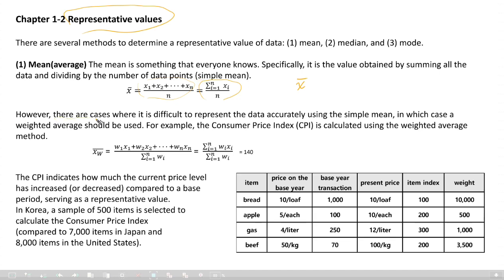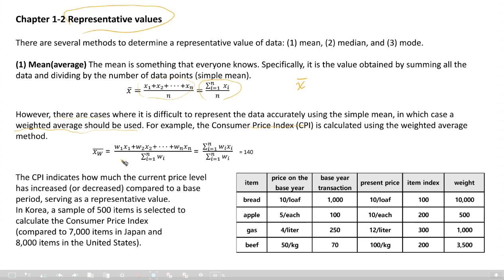However, there are some cases where it is difficult to represent the data accurately using the simple mean. Simple mean is not an appropriate method to represent the data. In that case, a weighted average should be used. For example, consumer price index CPI is calculated using the weighted average method.